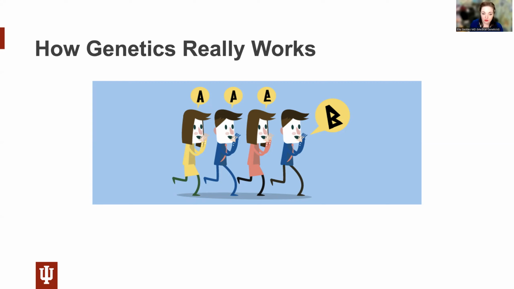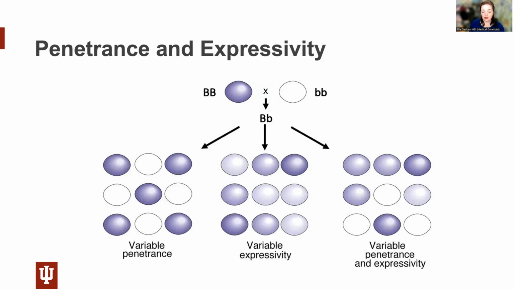And the way that we describe that is the terms penetrance and expressivity. And so what this picture is, a genetically purple bean and a genetically white bean are having babies. And the way that they have babies is actually all of these babies genetically should be purple, just like this parent bean.